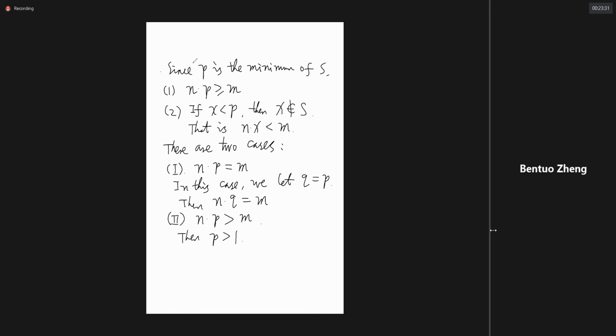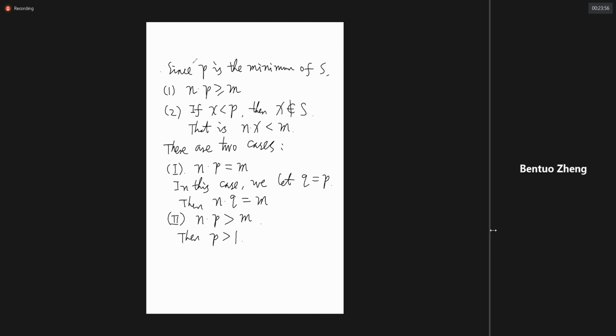Right, great, because our hypothesis says N is less than or equal to M. So if you multiply N by a number and get something greater than M, then this number has to be greater than 1, because if it's equal to 1, then this contradicts the condition. So P has to be greater than 1.